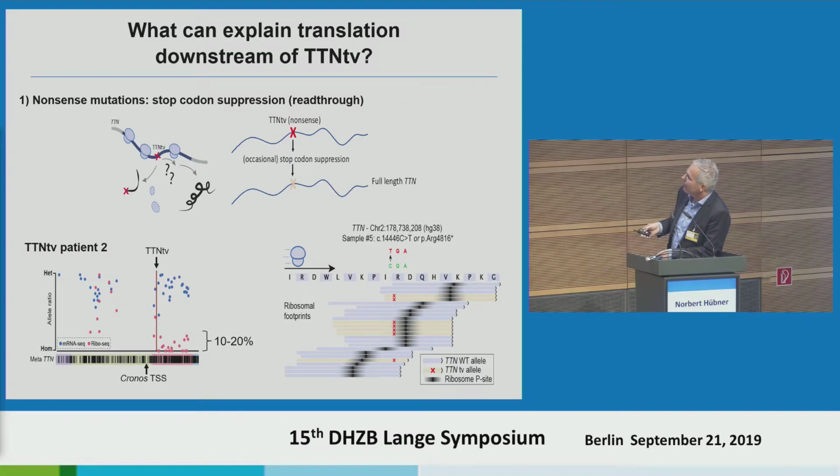And what you can see is that the ribosome actually is shifting across the stop codon, and we believe that this is not resulting in a full stop, but it is a slippery stop codon, and the residual protein is actually being made also from the diseased allele.